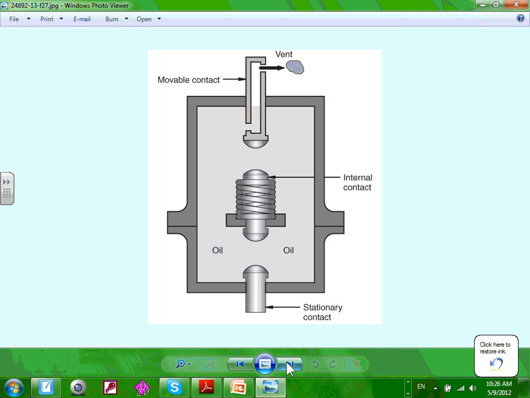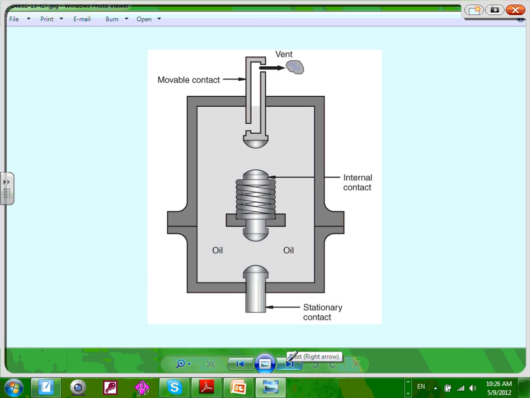This technology, guys, is double break low oil. The smarter designers decided, now instead of breaking in one location, they break in two locations. So this is the place where you interrupt. Now when you interrupt in two locations, guys, what happens to the arc? The arc will split between two different locations, so a smaller amount of arc, easier to extinguish it with the oil.